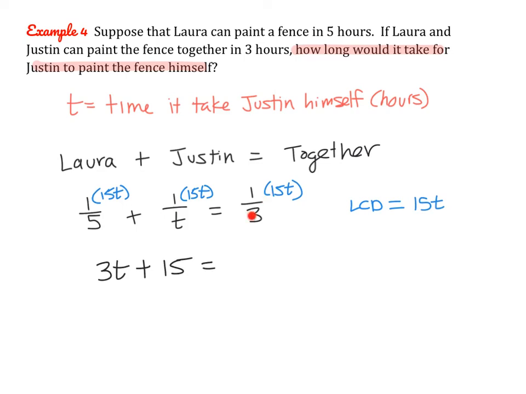And 15t divided by 3 is 5t. So I will subtract 3t from each side, and then you can divide both sides by 2, and we get 15/2, which again makes much more sense as a fraction. So it takes Justin 7.5 hours working alone.